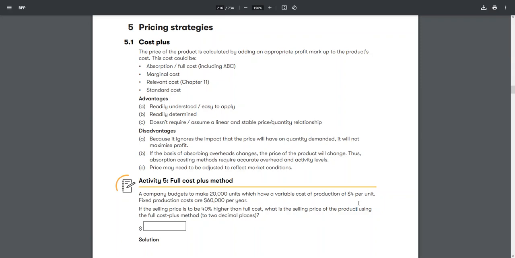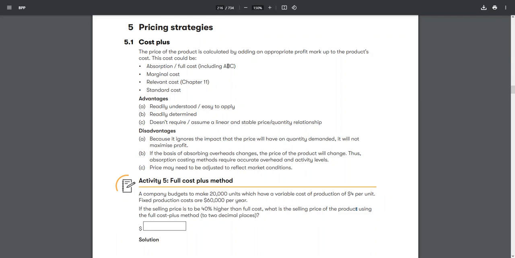So we could use different ways of cost plus pricing. One could be using full absorption cost, which would mean that we will be able to cover our fixed cost as well if we sell a certain number of units. Or another thing could be just using marginal costing, or we could use relevant cost. Remember, relevant cost would be the minimum cost of the product.